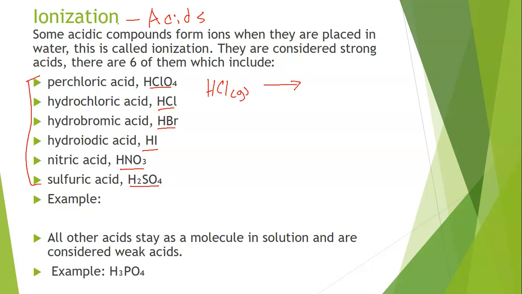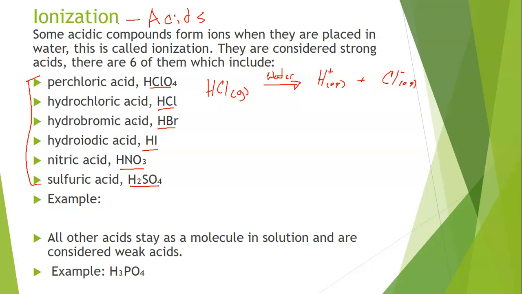When you mix it into water, it makes hydrogen ions and chloride ions. And that is the ionization. When it's an acid, it's not dissolving, it's not dissociating, it's ionizing. Ionization is a term reserved for acids.